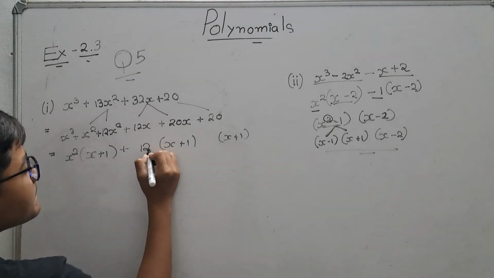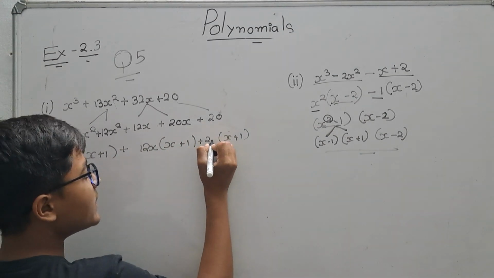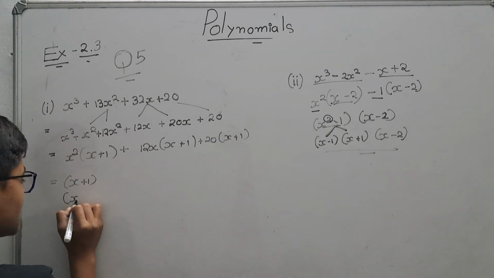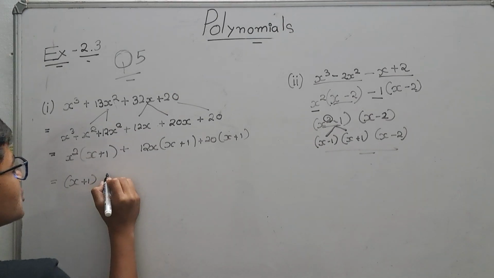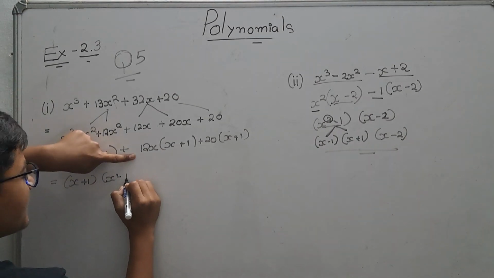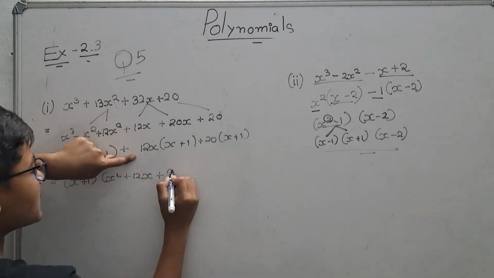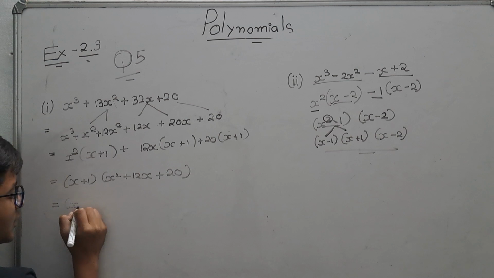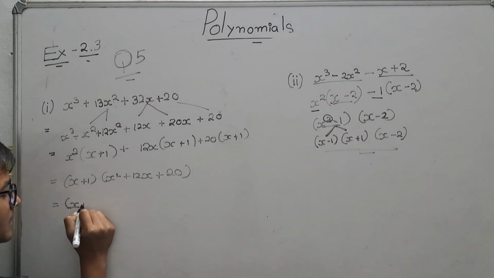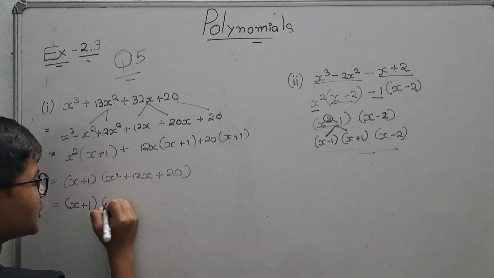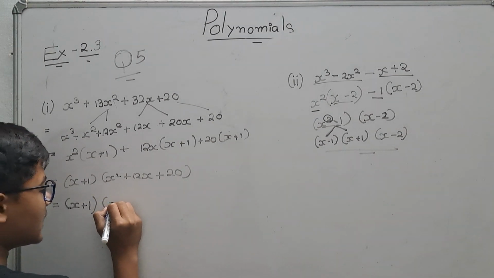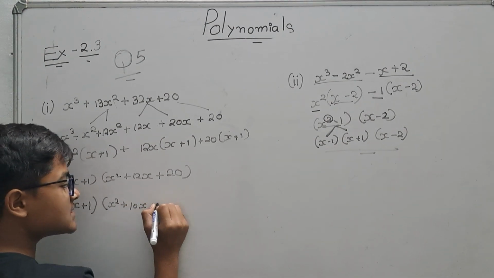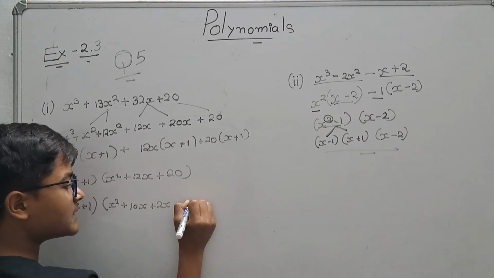Plus 12x plus 20. So what will it be? x plus 1. So you will take x square plus 12x plus 20, and here you will split it: x square plus 10x plus 2x plus 20.